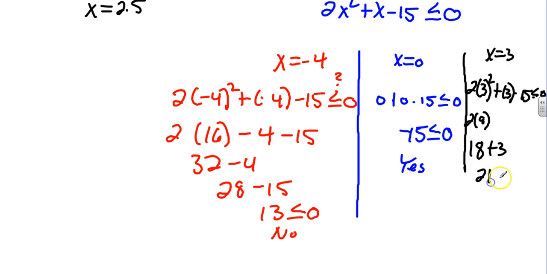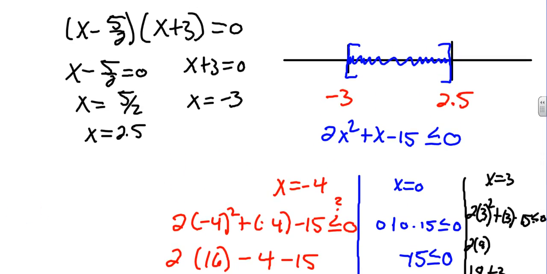Plus 3 is 21. 21 minus 15 is 6. Is 6 less than 0? No, so that part's false. So for that problem, that is your answer right there.